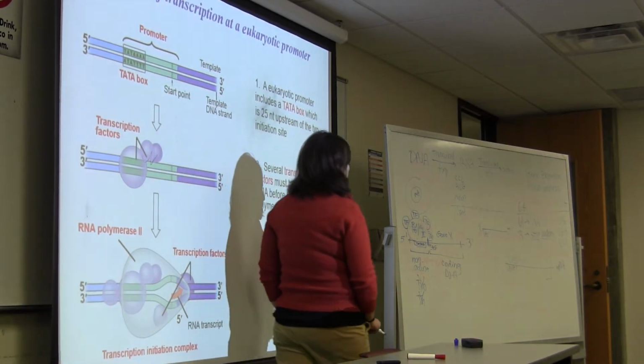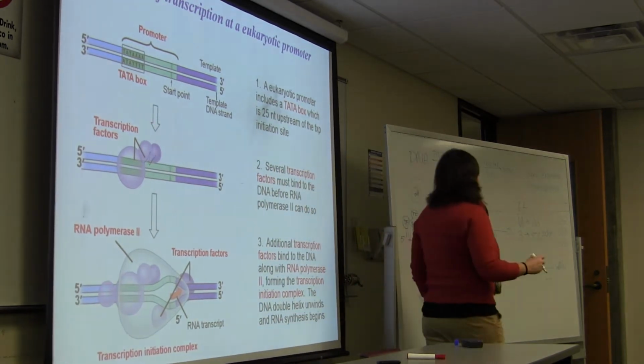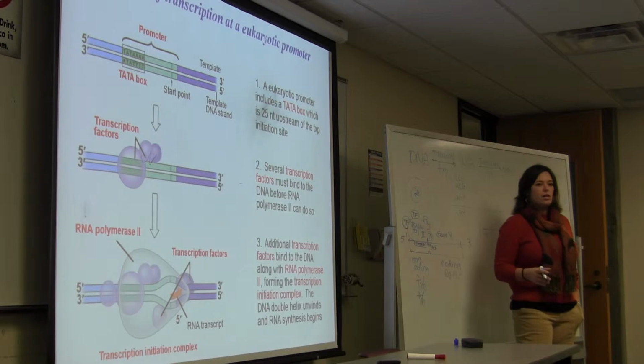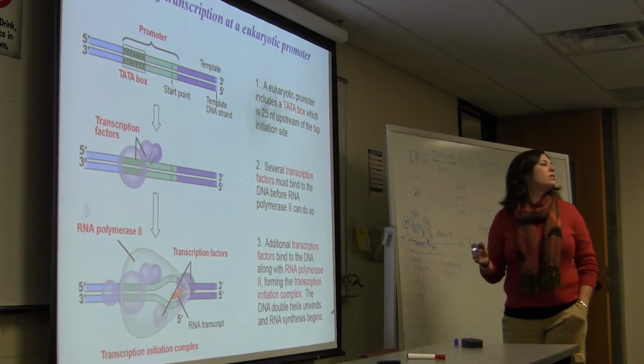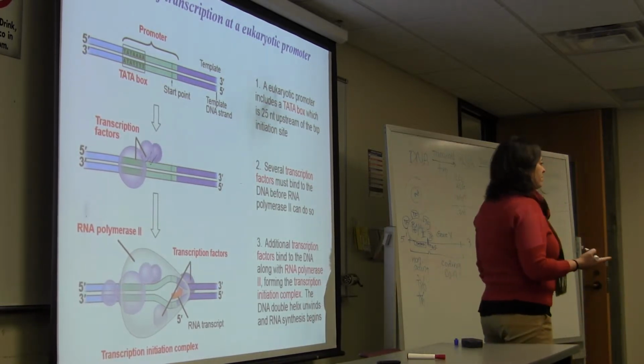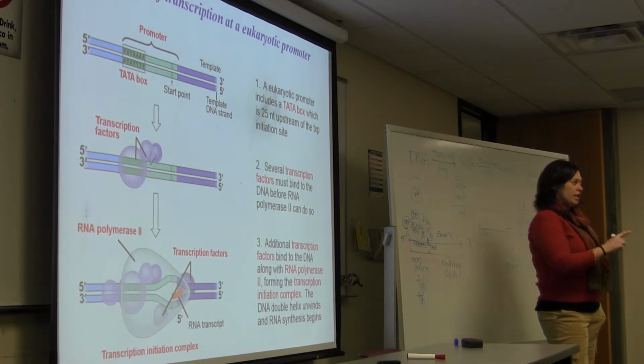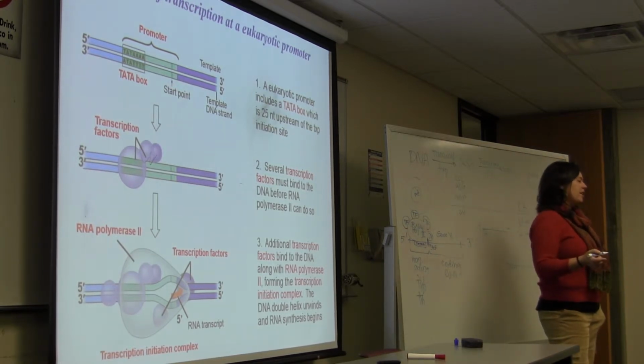And I should mention that both transcription and translation each have 3 stages. The first stage of each is called initiation. The second stage of each is called elongation. And the third stage of each is called termination.